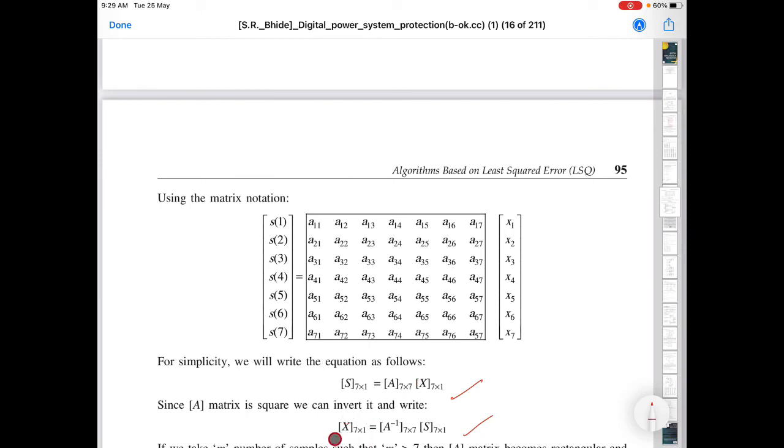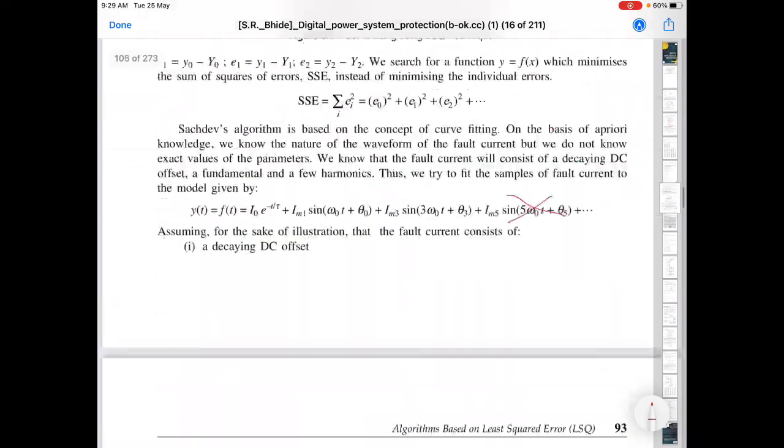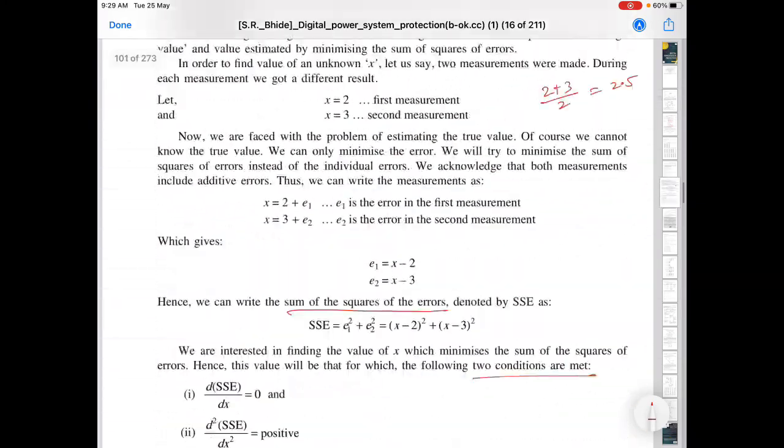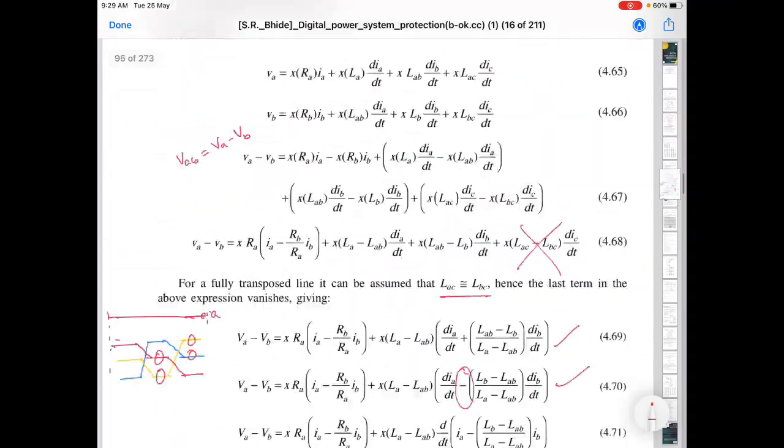So x is unknown. How to calculate x? You send the A term to the other side, it becomes A inverse, and this is the final. This is how you actually did it in the previous algorithm, right? Which was that algorithm? Just now we saw it, right?